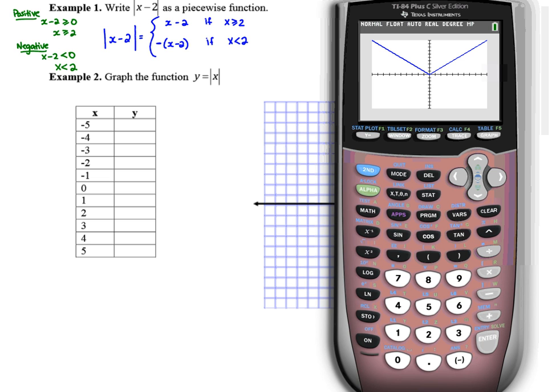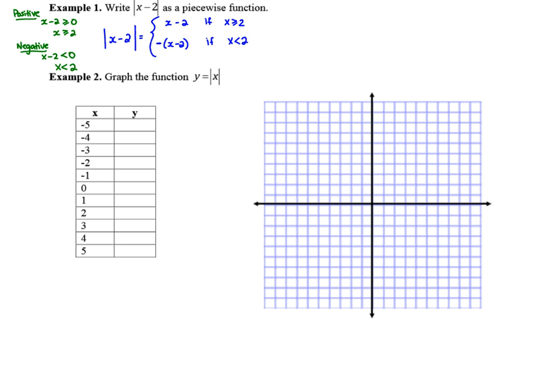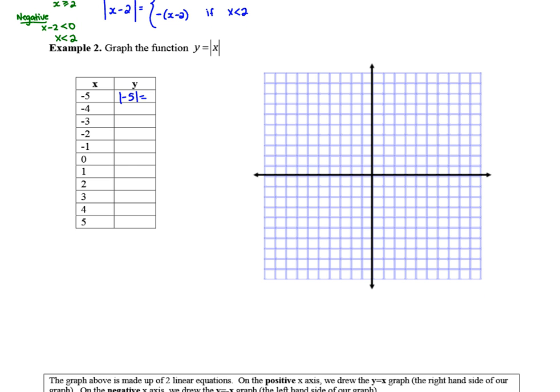Can a negative go inside the absolute value as your input? Yeah. But the output will always be positive, which is why y is always greater than 0. So the absolute value of -5 was equal to 5. Absolute value of -4, 4. Absolute value of -3.